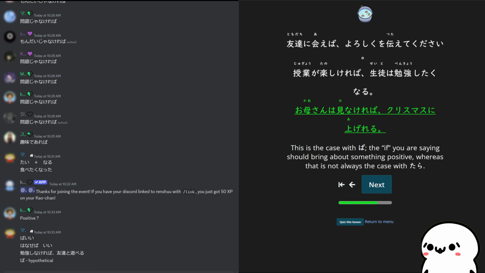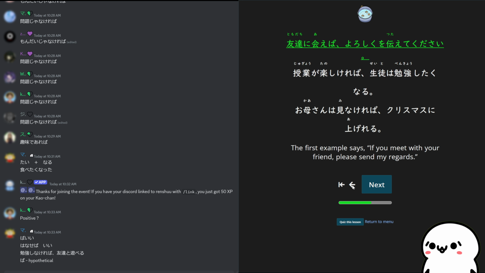So all of these, if you see your friend, let me jump up so you can see the green one. If you see your friend, there's no suggestion or nuance saying, oh, they're going to see their friend. It's just an if. You might not see your friend. So it's a hypothetical. Compare this. So let me type out just that one chunk.